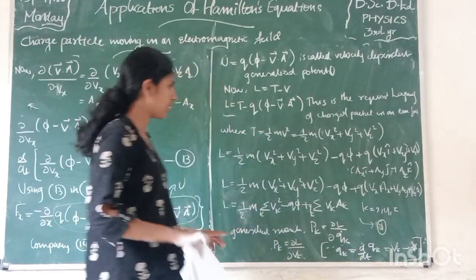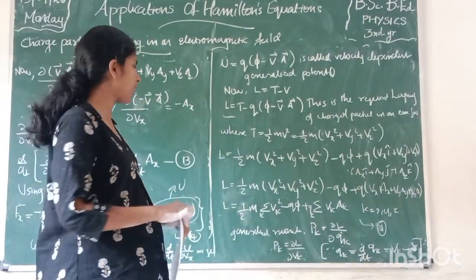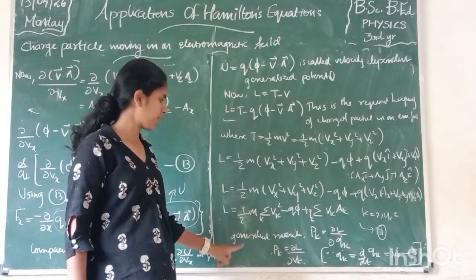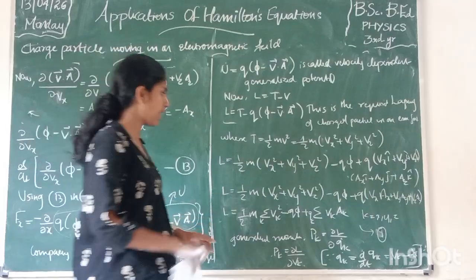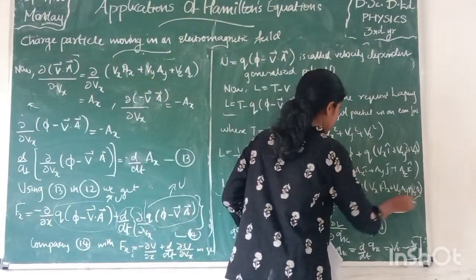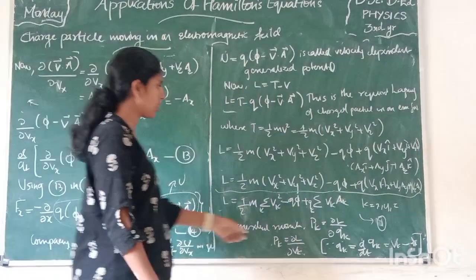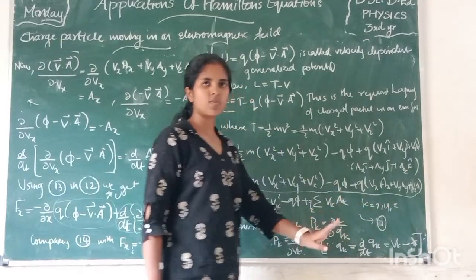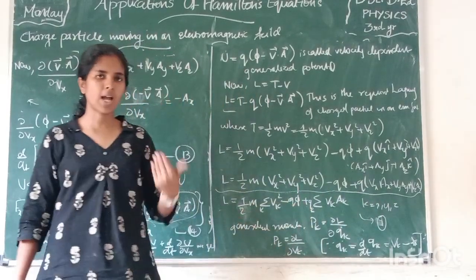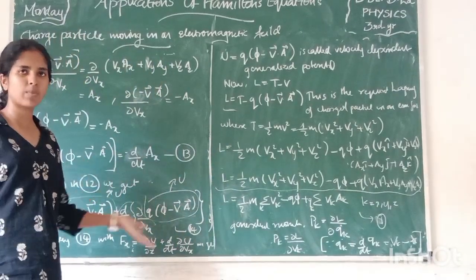And the next part we want to find, as I already mentioned, after finding the Lagrangian, is the generalized momentum. You can take this step as maybe equation 12 or something. So from the Lagrangian we will be finding the Hamiltonian, and from the Hamiltonian we will find the Hamilton equation.